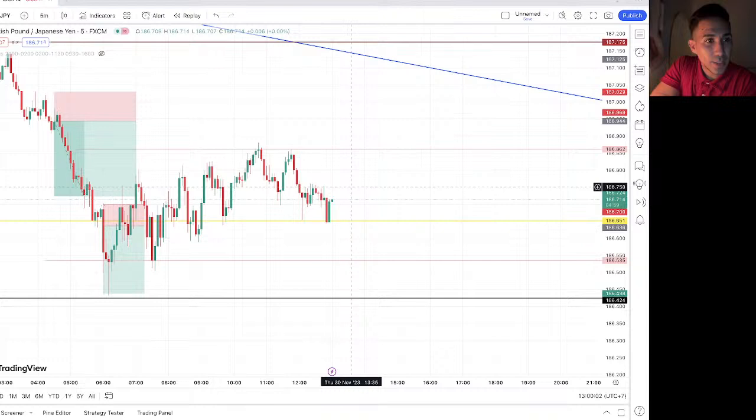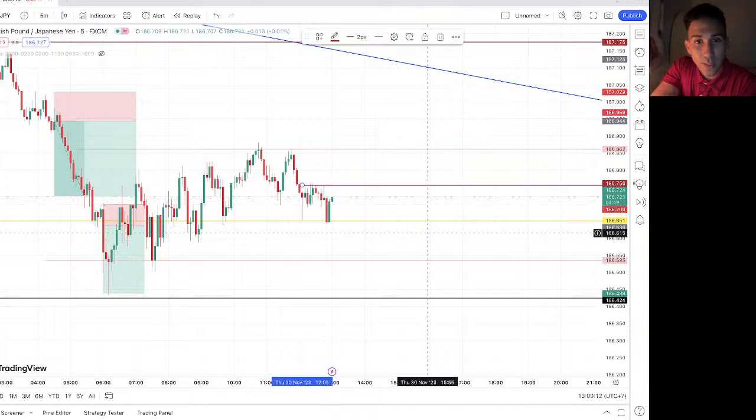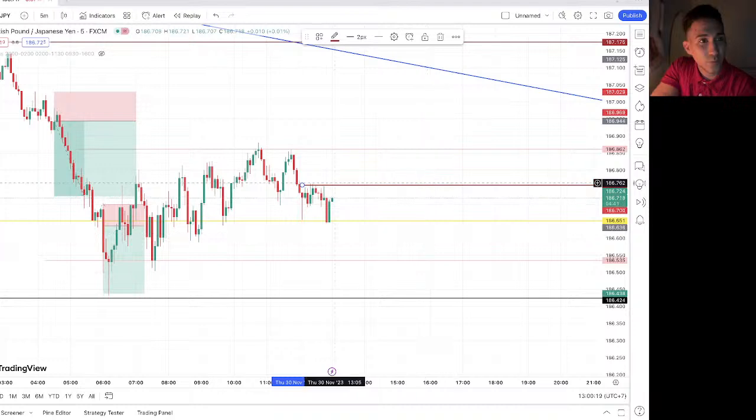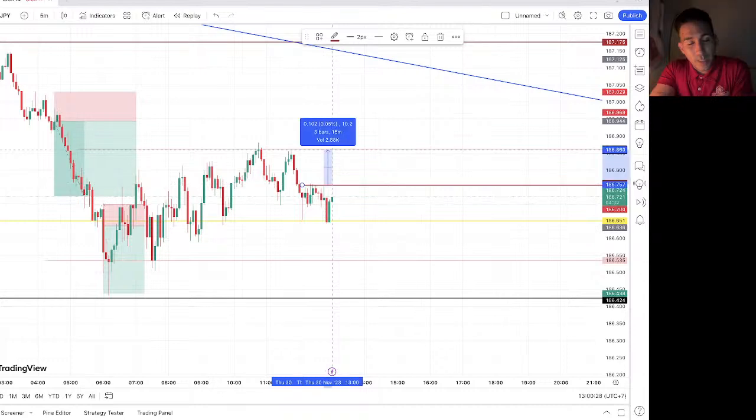It'll be risky, but if we pass this resistance area here, guys, and since we have this push, if we pass this area, then we can look for at least, let's see how many pips are here. 10 pips. Okay, it is manageable.